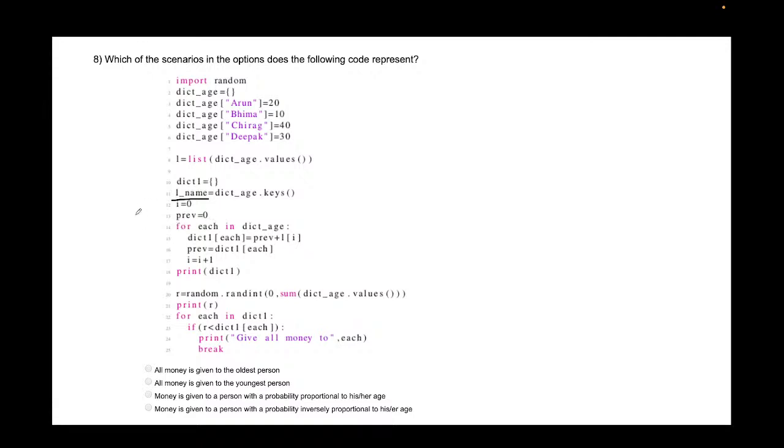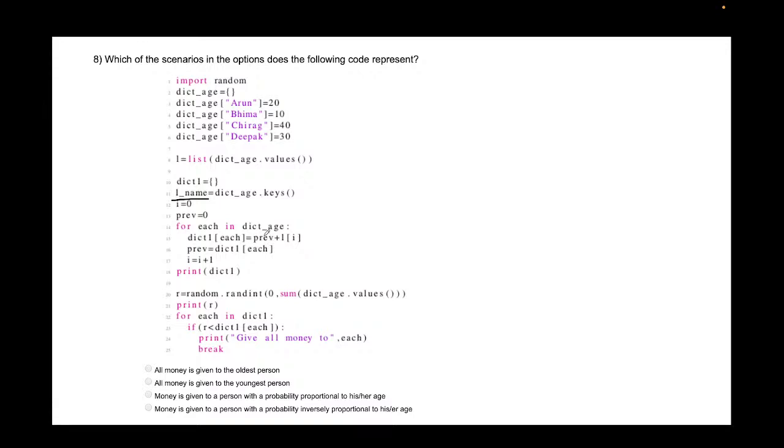Okay, so a for loop is initiated, for each element in dict_age. Each element is assigned the previous value plus L of i.